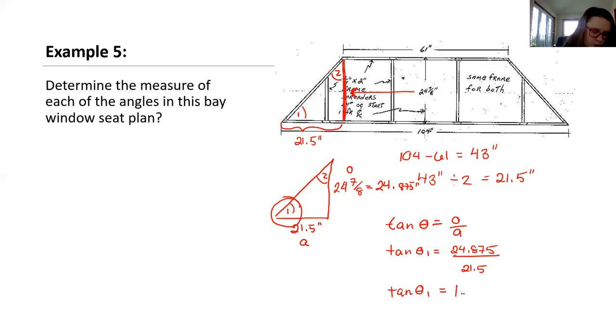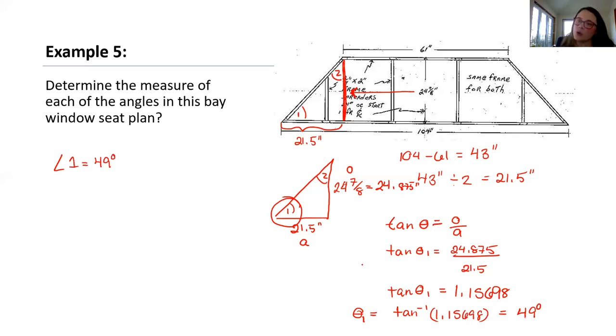Tan of angle 1 is equal to 1.15698, so I've got 5 decimals there. Then we do shift tan, so inverse tan of 1.15698, and that gives us our angle. I get the same answer as I did yesterday, 49 degrees. So angle 1 is equal to 49 degrees.